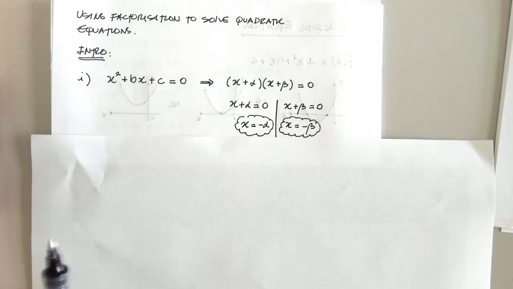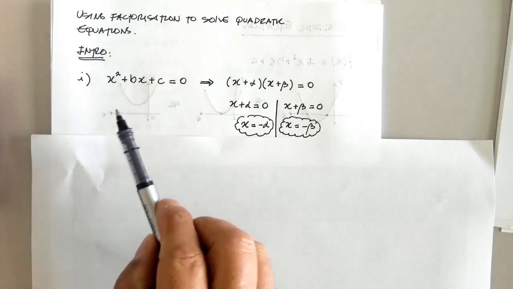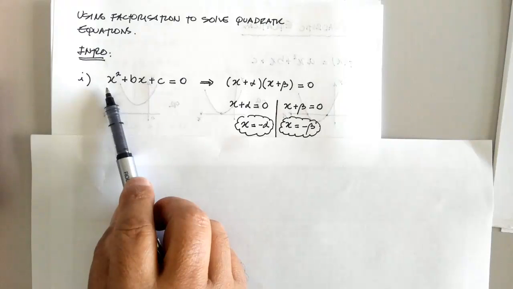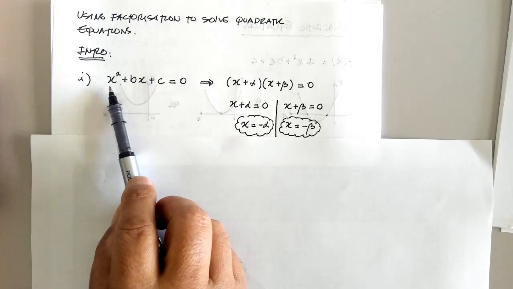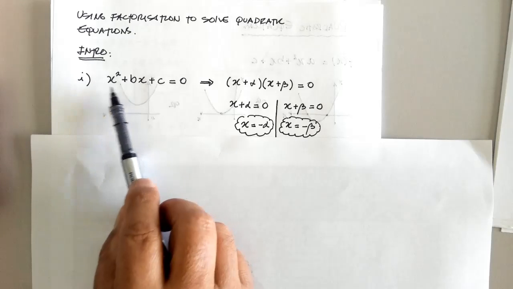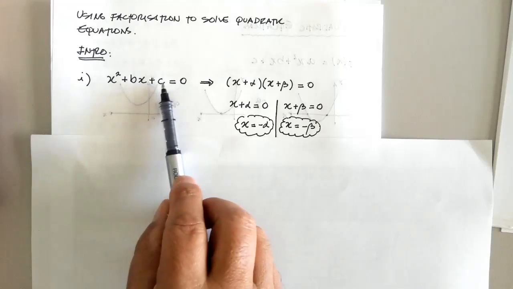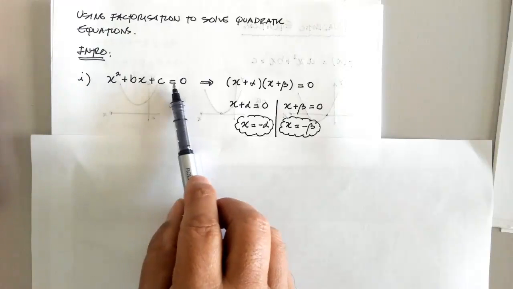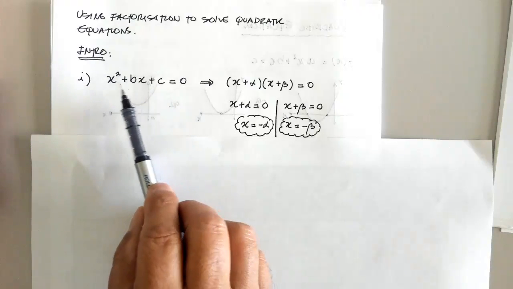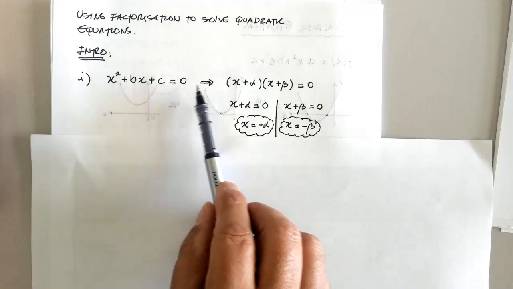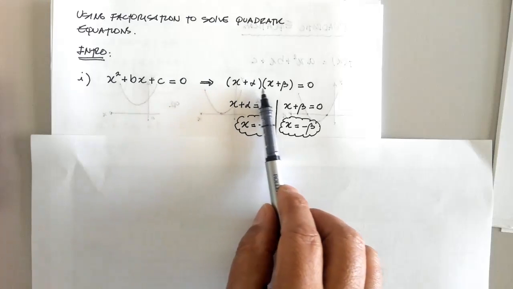When we solve by factorization, we're going to have an expression like this, in this case a monic trinomial, equal to 0. Later we're going to use this also for non-monic ones. By factorization, we're going to go from here to something that looks like this.